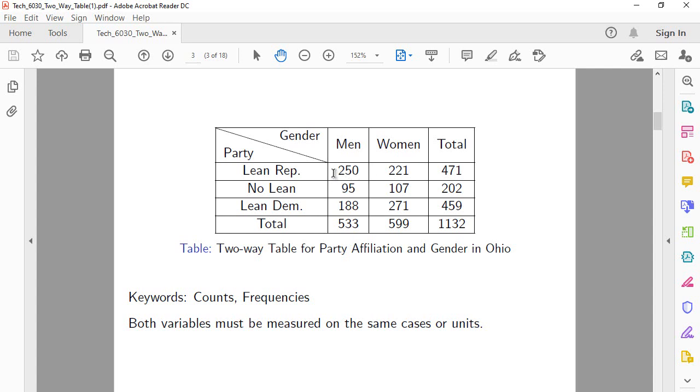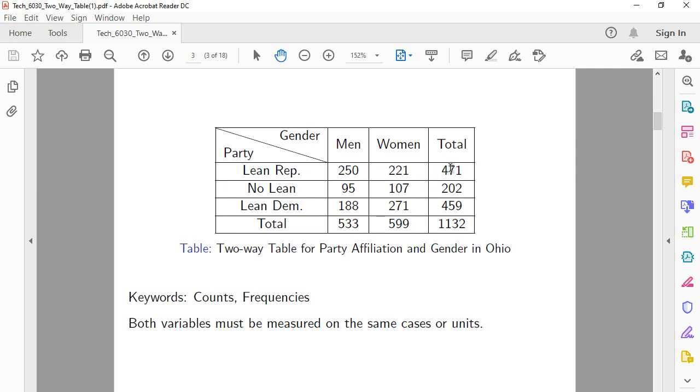So what is 250 here? Among the 1,132 adults, 250 of them were men, and they leaned Republican. 221 of the adults picked were women, and they leaned Republican.